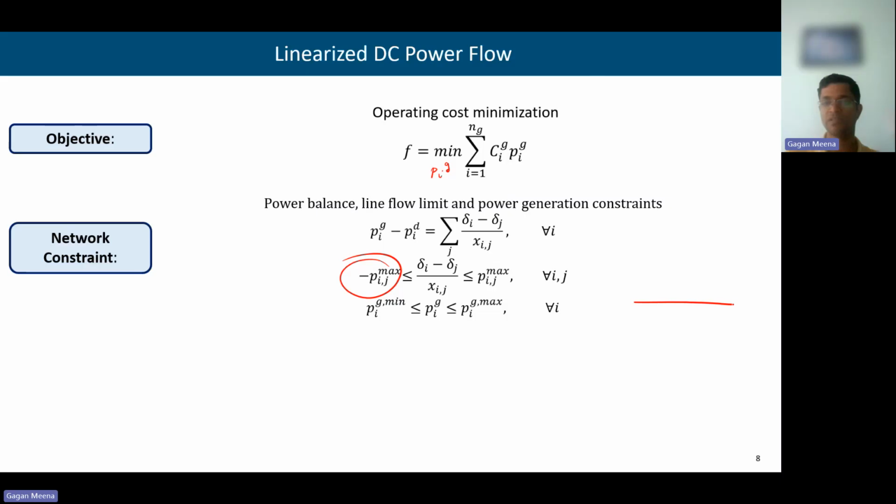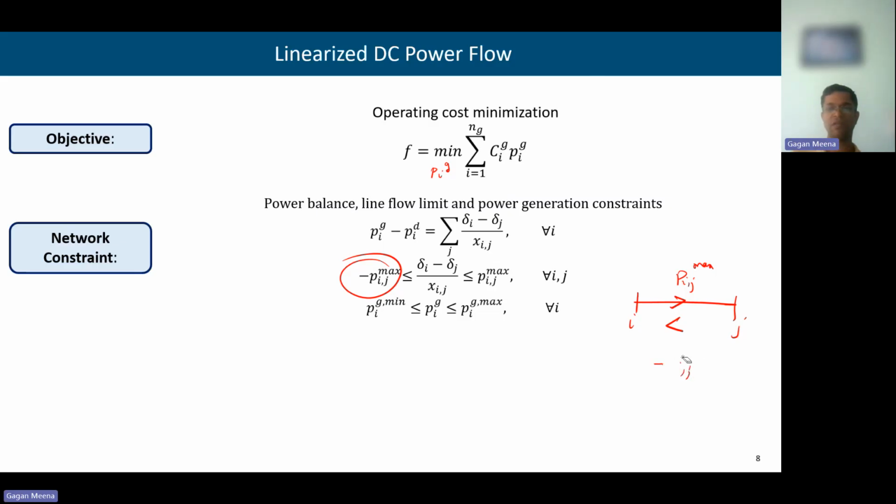So if this is a line between bus i and bus j, and the current flows in this direction, this is the reference direction, then the maximum power flow is P_ij max. And if the actual power flow is in the opposite direction to the reference direction, then the limit will be minus P_ij max.